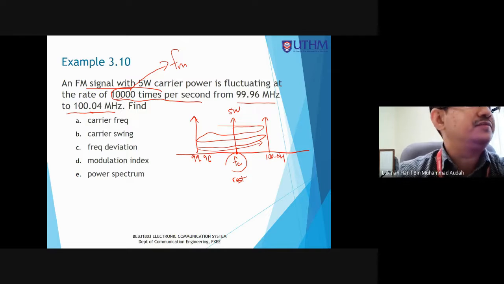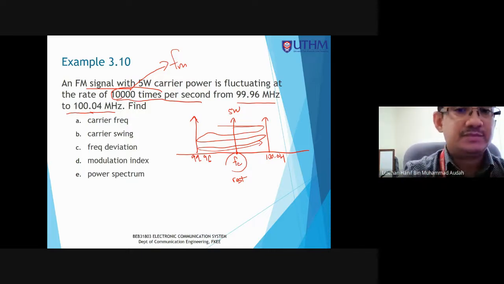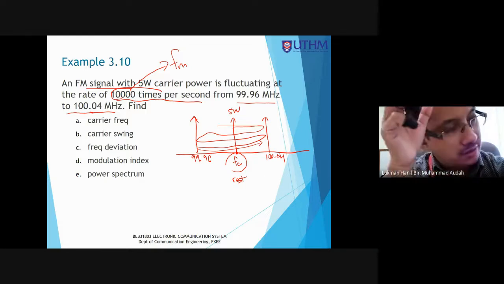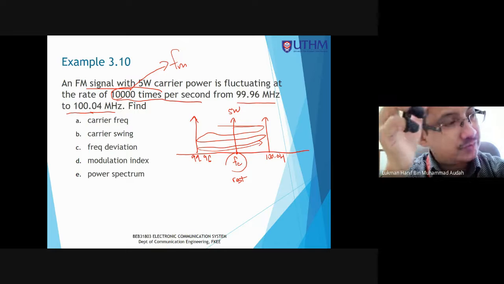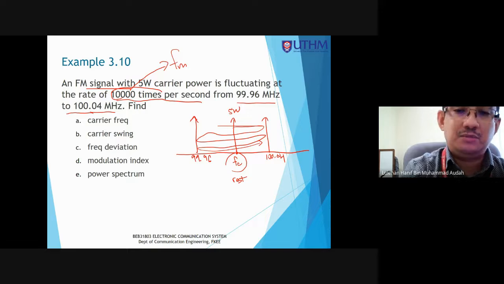The first question, carrier frequency. So maknanya carrier frequency, you boleh tolak, kalau tambah pun boleh juga.